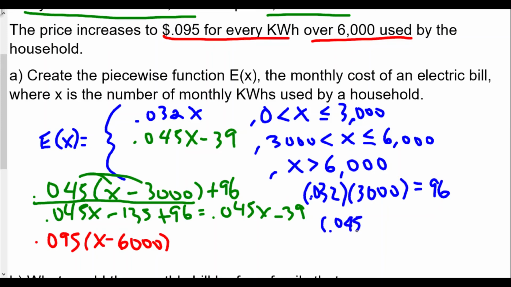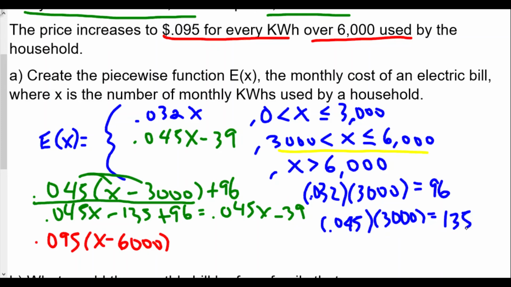So 0.045 now times 3,000, and you guys are saying, why is it 3,000? Because the interval between 3,000 and 6,000 is a difference of 3,000. And so we multiply this much, that's going to be a value of 135.